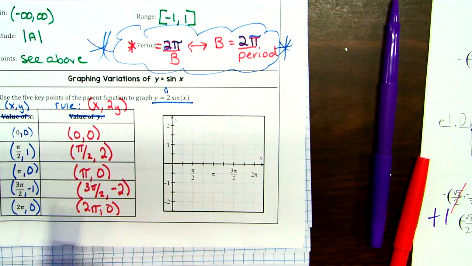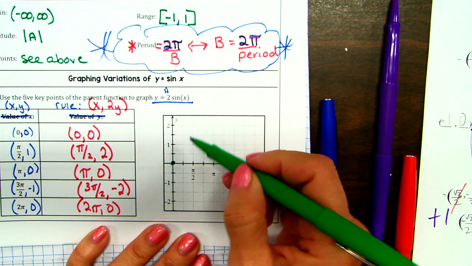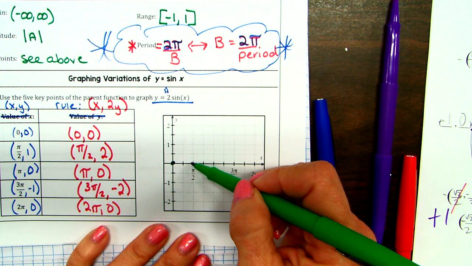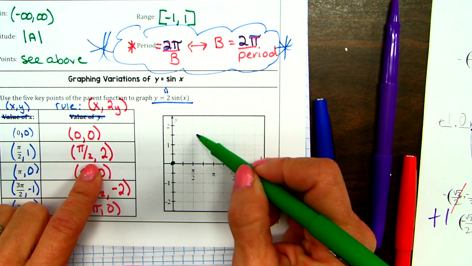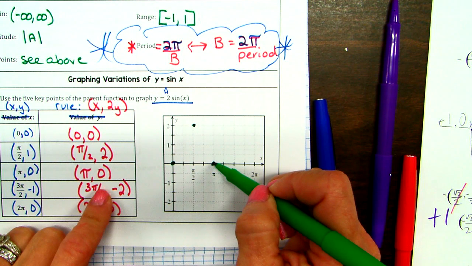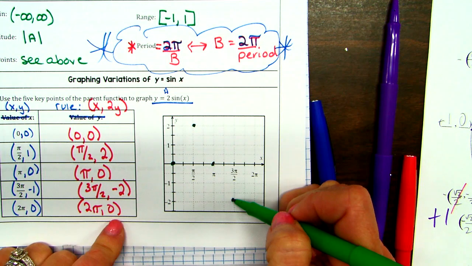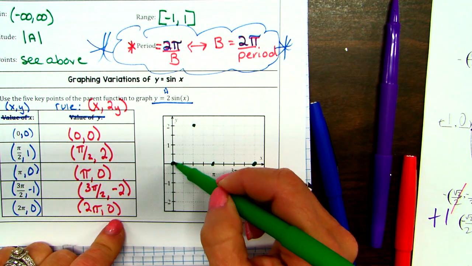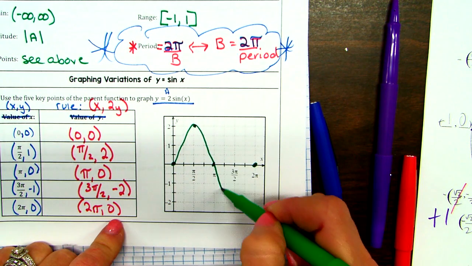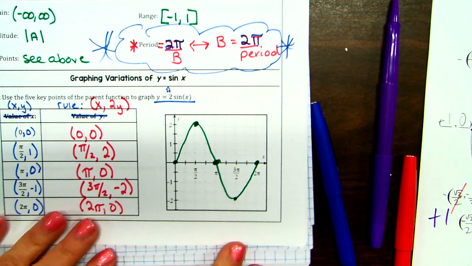So when we go to graph it, we have 0, 0. Here's pi over 2, 2, and so on. Pi, 0, 3 pi over 2, negative 2, and 2 pi, 0. And there is one period, one cycle of the graph of sine.